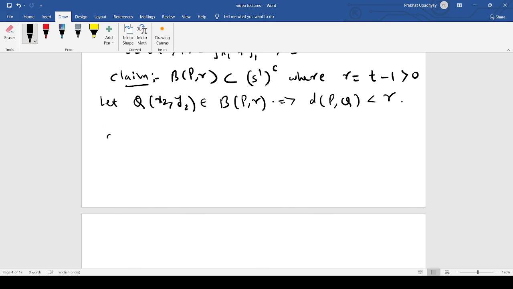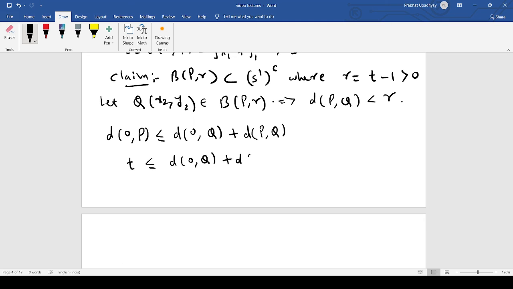Now using the triangle inequality, you have the distance of 0 from P is less than or equal to the distance of 0 from Q plus the distance of P from Q. Now d(0, P) we know is equal to T, and this is less than or equal to d(0, Q) plus d(P, Q). By rearranging these terms, you can say T minus the distance between P and Q is less than or equal to the distance between 0 and Q.